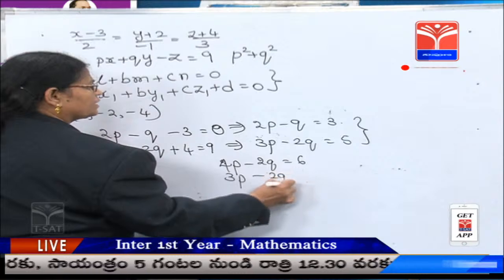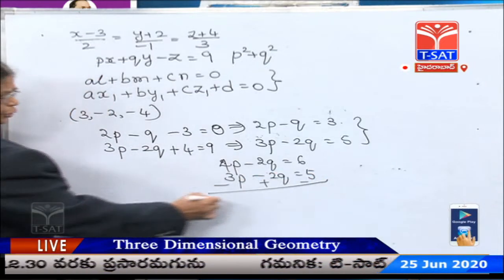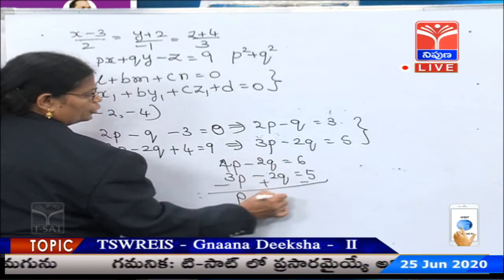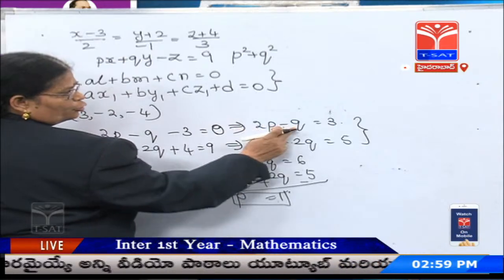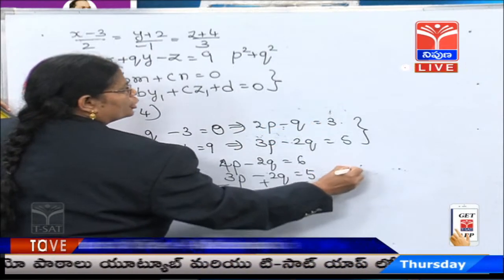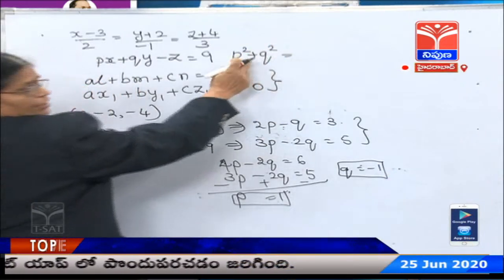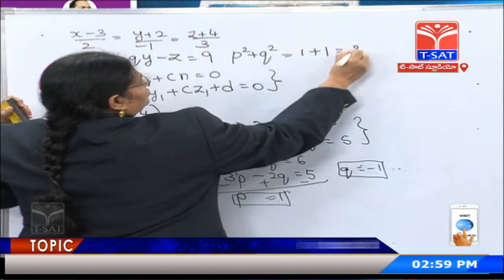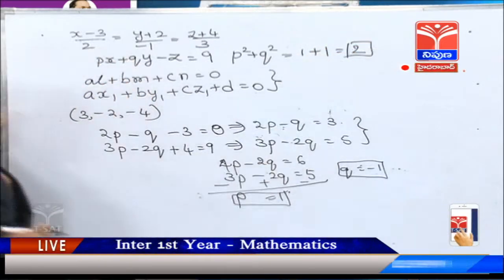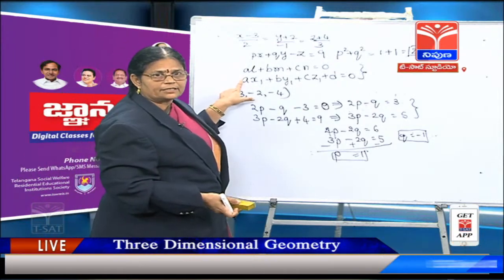Now subtract this equation. So, you have p equal to 1. If p is 1, substituting in this, 2 minus q is 3 or q is minus 1. So, what will the value of p square plus q square be? 1 square plus 1 square, which is 2. So, the only thing here you should remember is this condition for when a line lies in the plane.